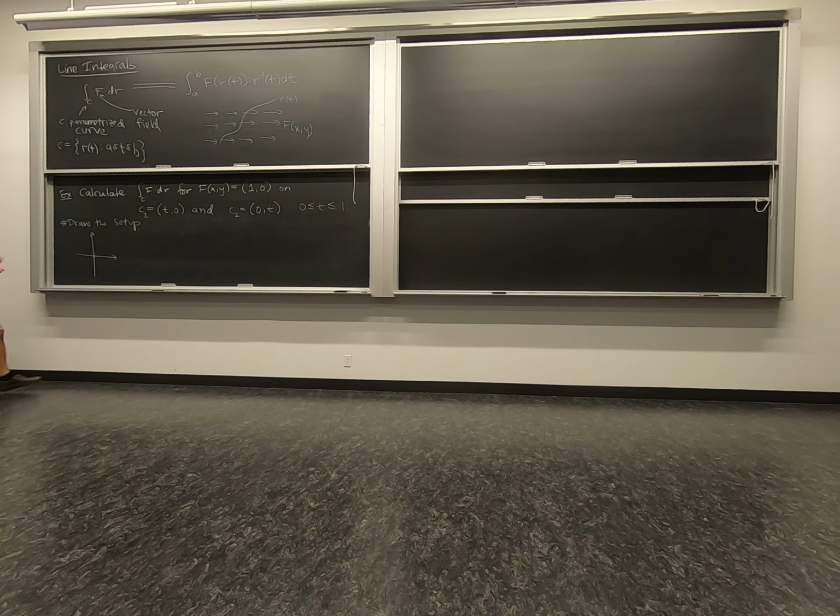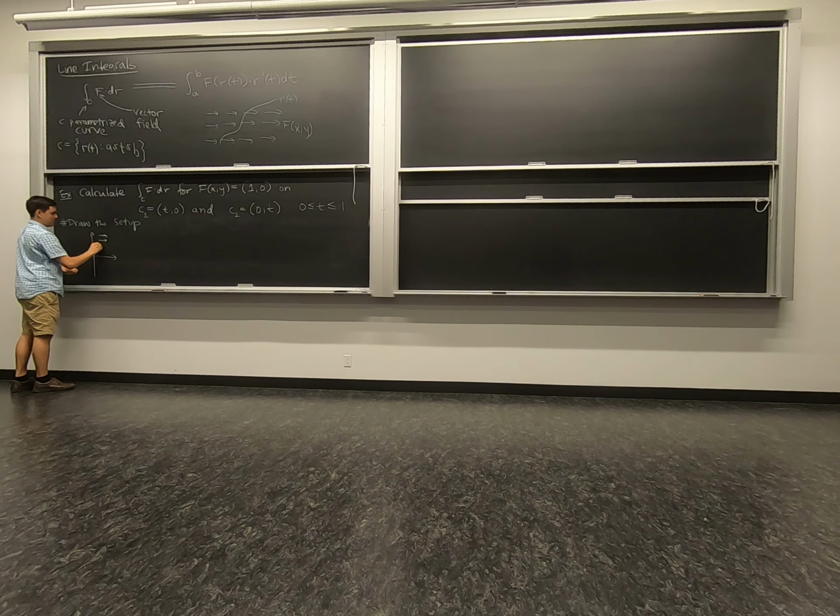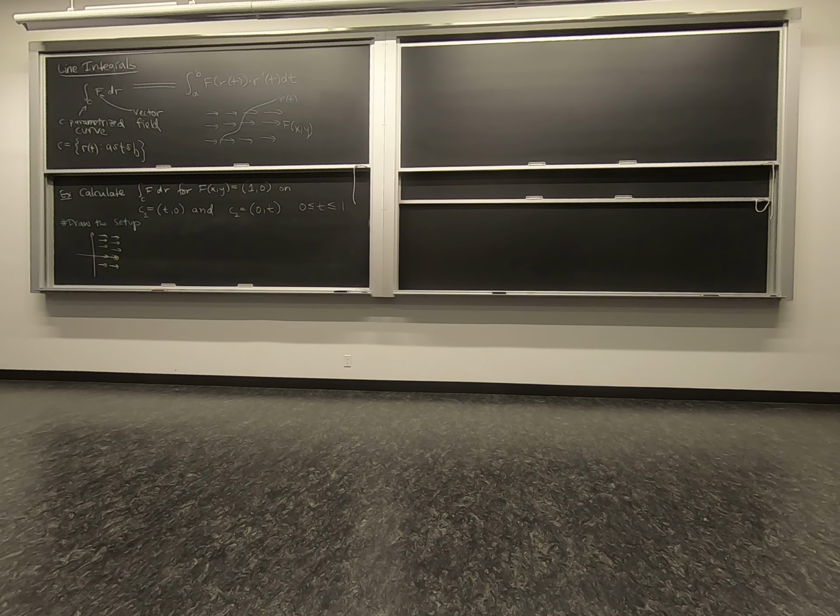Okay, so here, we've got our constant eastwards vector field. We've got our path T0. C1 walks here.